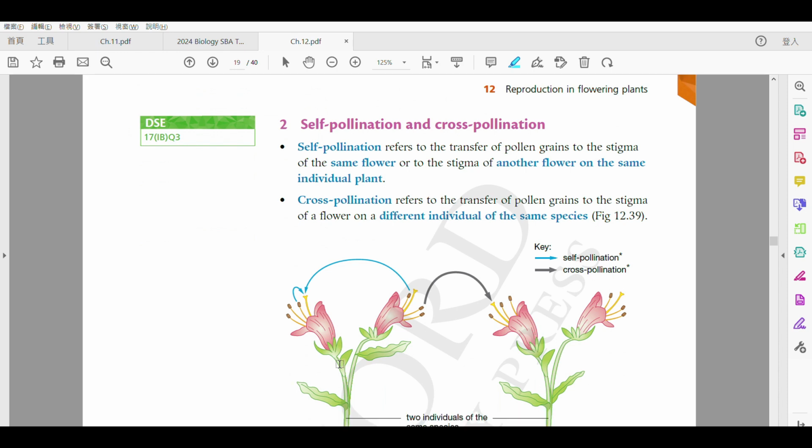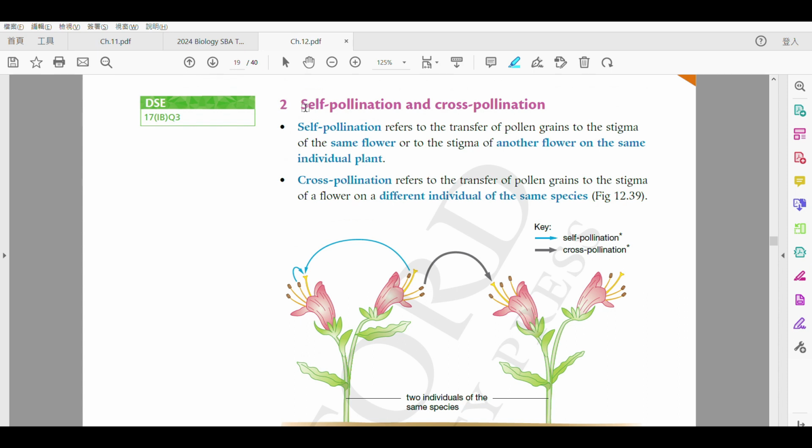好啦 and then the next part we are going to talk about self-pollination. I guess I cannot talk about the germination, but let's move on for this part first. 好啦 so when we talk about pollination, there are two types. 其中一種我哋叫 self-pollination, and then cross-pollination.